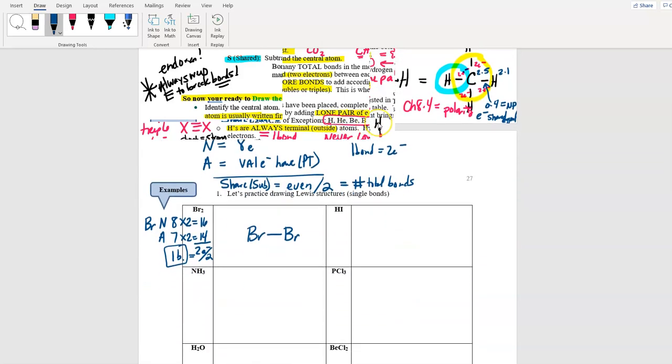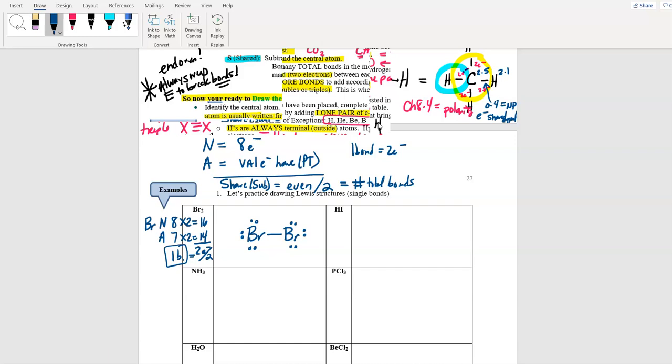So right now, this bromine is sharing 2 electrons. This bromine is sharing 2. So I need to put a whole lot of lone pairs. And now I have 2, 4, 6, and they're sharing 7, 8. And this bromine, 2, 4, 6, sharing also 7 and 8. And you just drew your first molecule using NAS. Good job if you got it.